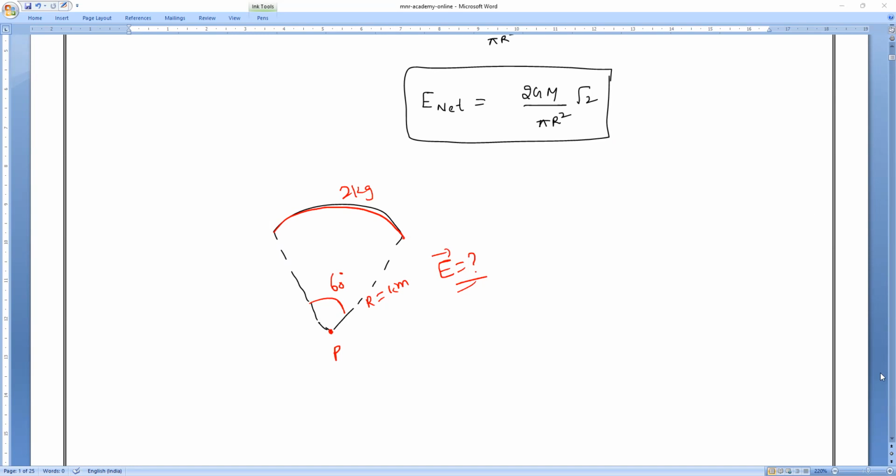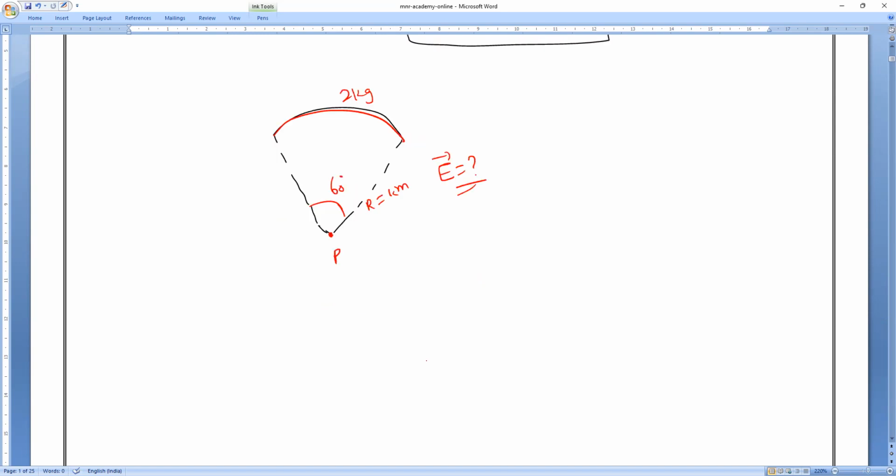If you observe very carefully, let me take these cases and see how to find the gravitational field. I'm taking an arc whose mass is m. It is making an angle with the point P. Let me take it as phi.